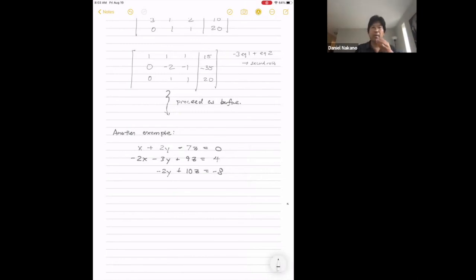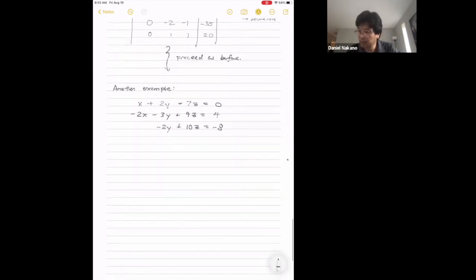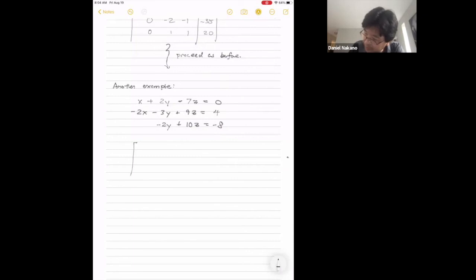Okay. All right, so now I want to apply the Gaussian elimination algorithm again. So let's set this up. Again, the procedure is the same. 1, 2, minus 7, 0, minus 2, minus 3, 9, and a 4 here, and a 0, minus 2, 10, and minus 8.